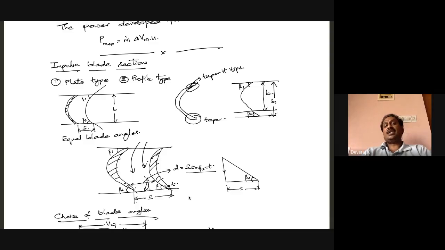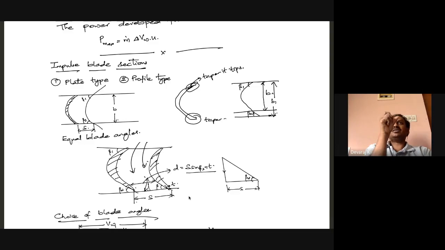Okay. The second type of your impulse blade section is the profile type actually, where it looks more like an aerofoil profile with the edges or the tips being tapered, and you can see that there is something called D. D is nothing but the flow channel, which is determined by the thickness of your blade. If you have a thickness being very small, it becomes a function of your pitch and that particular blade angle.